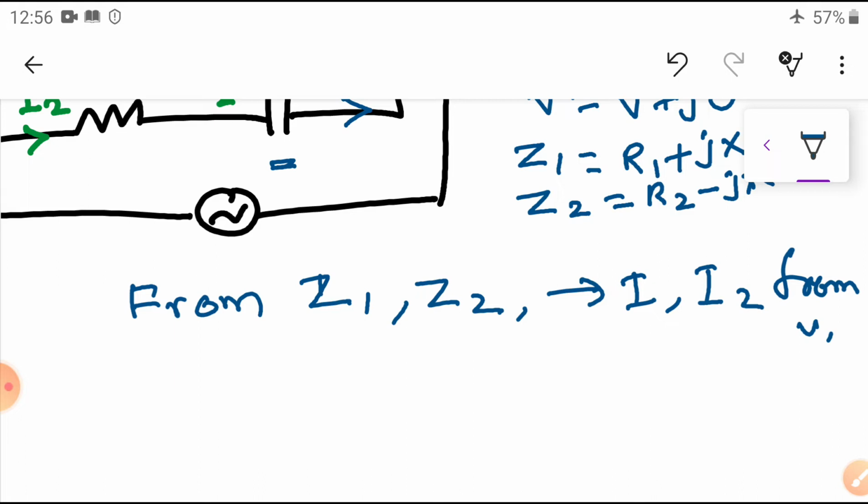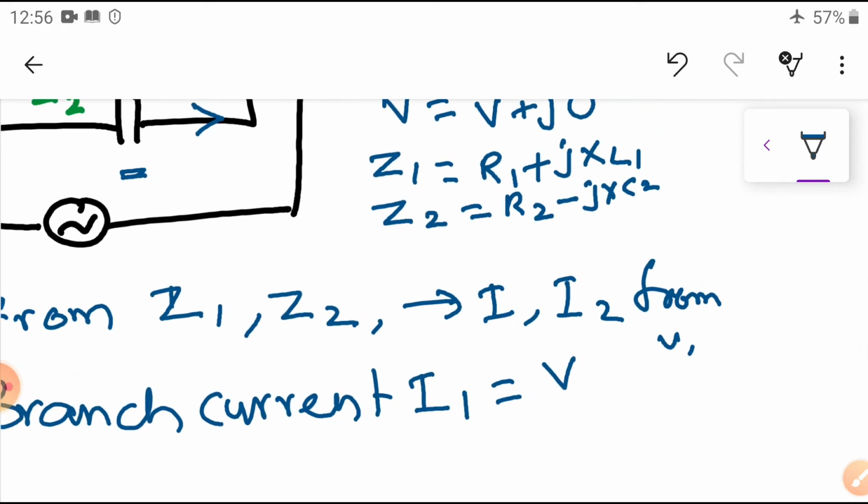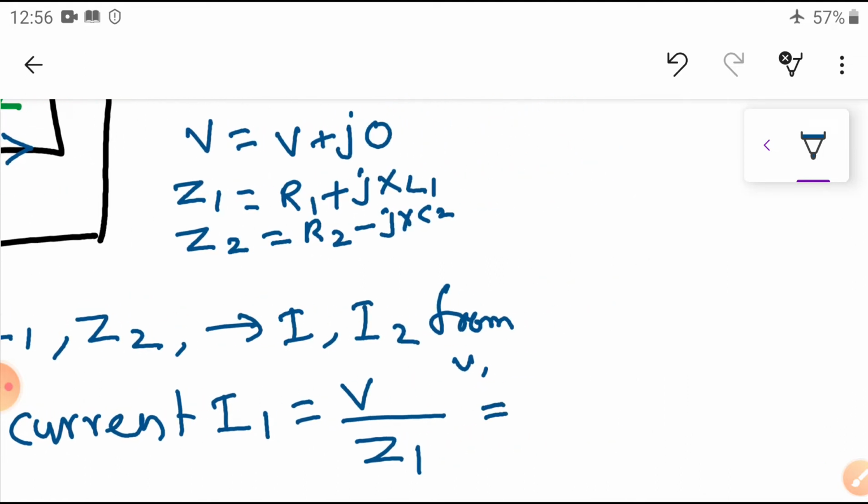What is the first branch current, I1? We know the voltage is common in parallel. So that voltage divided by Z1, then substituting the value, I1 equals V by R1 plus J XL1.